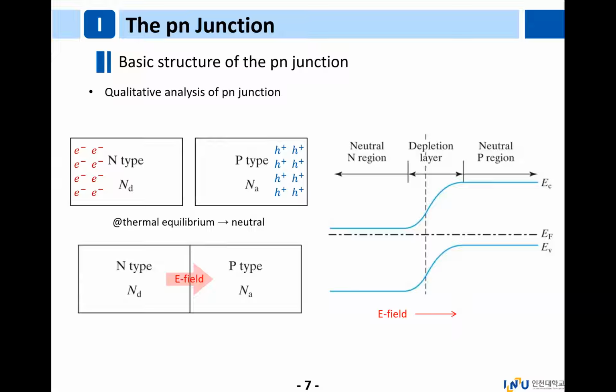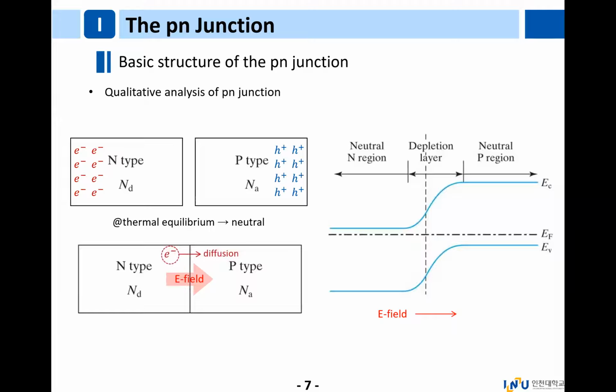This generated electric field prevents the diffusion of electrons trying to move from the left to the right. Since the electric field points from left to right, the electron's diffusion direction is to the right.